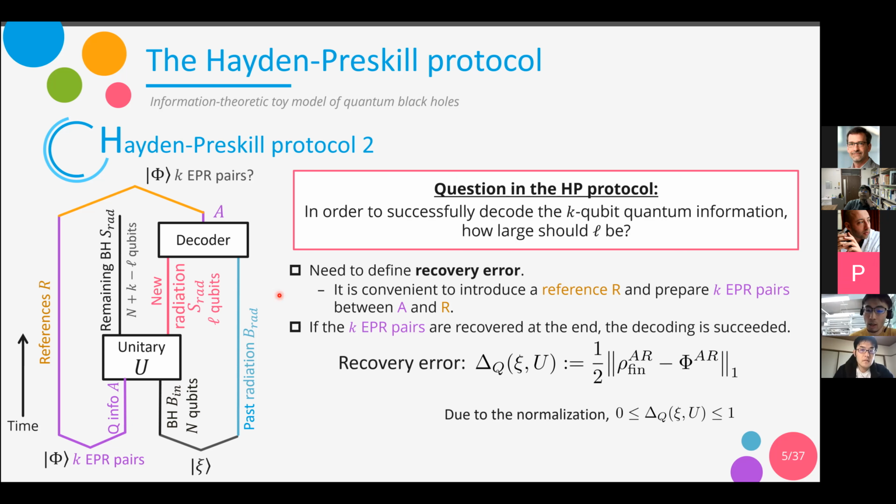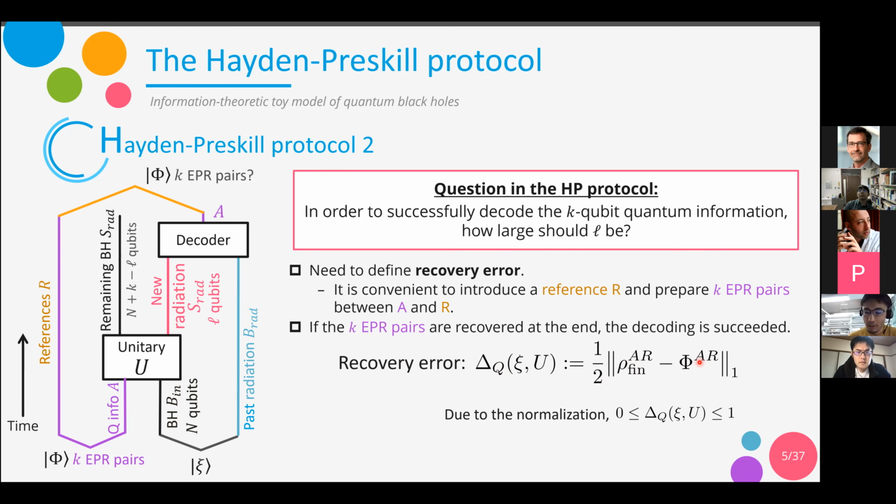And based on this, we define the recovery error in this way. So this is delta Q, where Q represents the quantum information. So this is the error for quantum information, defined by the trace distance between two states. The first state, rho, is the state of the output system of the decoder and the reference. So this is what we obtain at the end of the day.